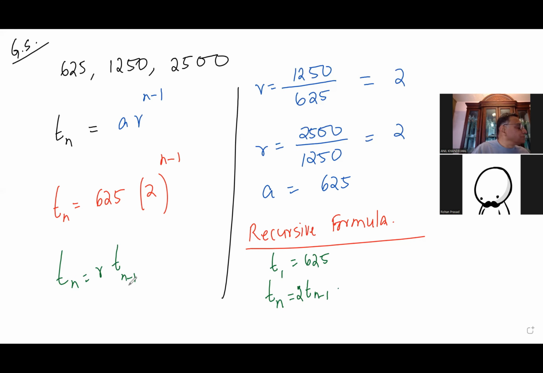So let's find the general formula for a few more examples. Let me take up more examples, right? Let's say example number 1 for you is 6, 2, 2/3, and so on. So for this, can you find what is Tn? Wait, sir, so it's 6, 2, 2/3, and we have to find the recursive formula, sir?